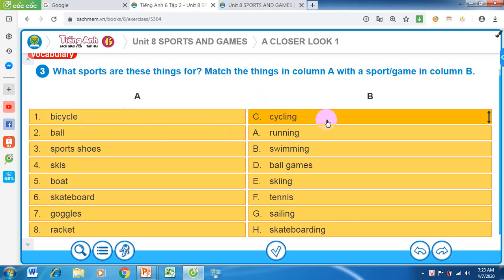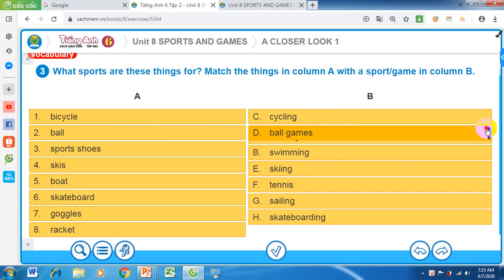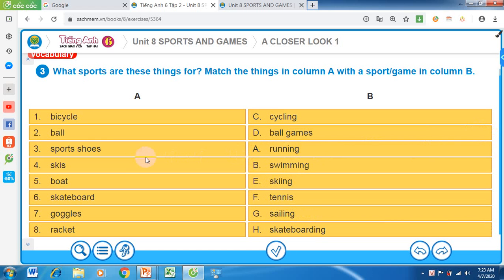Okay, and a ball. Yes, a ball we use in ball games. And sports shoes. What do we use sports shoes for? Yes, we use sports shoes for running, of course. And skates.